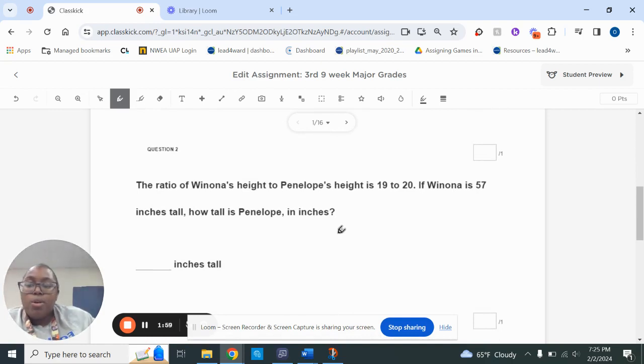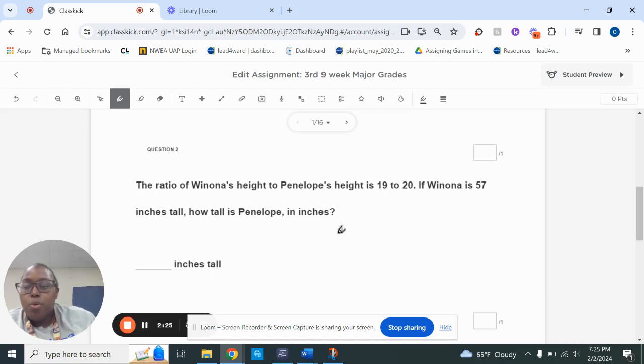Let's go ahead and look at question number 2. The ratio of Juana's height to Penelope's height is 19 to 20. If Wiona is 57 inches tall, how tall is Penelope in inches? So, this is clearly a ratio problem.